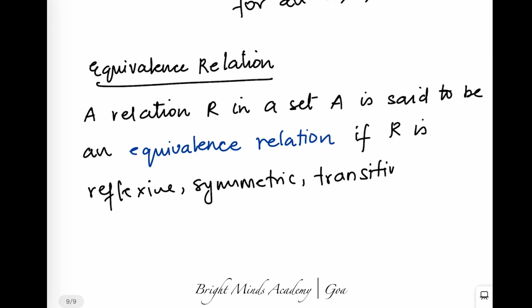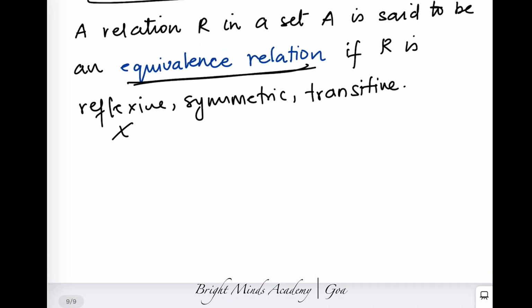R has to be all three of these for it to be an equivalence relation. If even one thing is not there, then it is not an equivalence relation. So we'll stop right here for today's class.